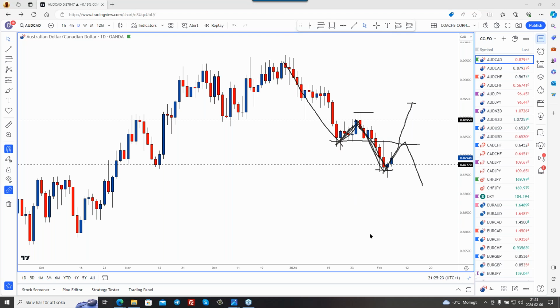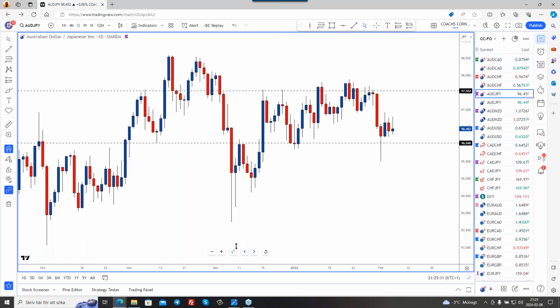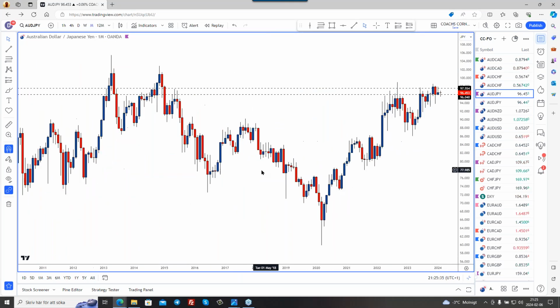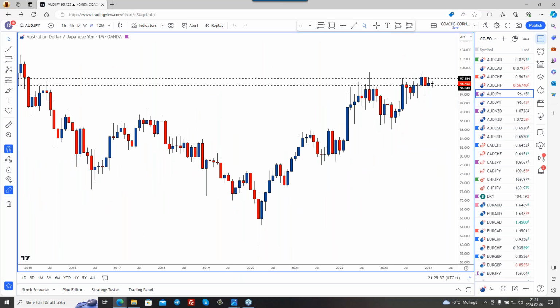Okay. So let's just quickly go to AJ. And this time, this was the daily chart. Let's just do this on a monthly chart because it doesn't matter which time frame you pick. It's the same thing. Okay. We are correcting, continuation. Obviously, we hit something in here.